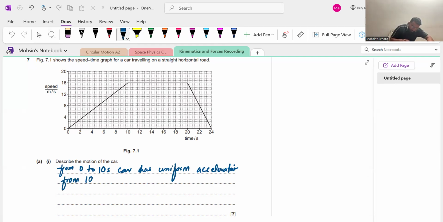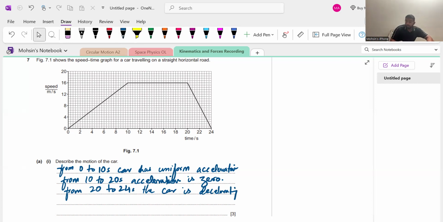From 10 to 20 second, acceleration is 0. From 20 to 24 second, the car is decelerating.